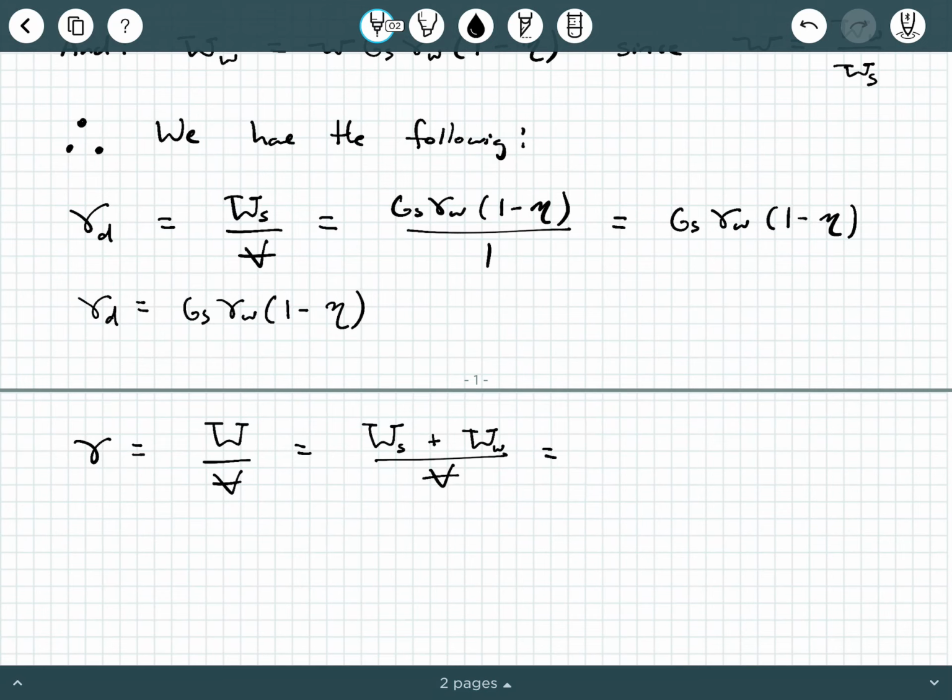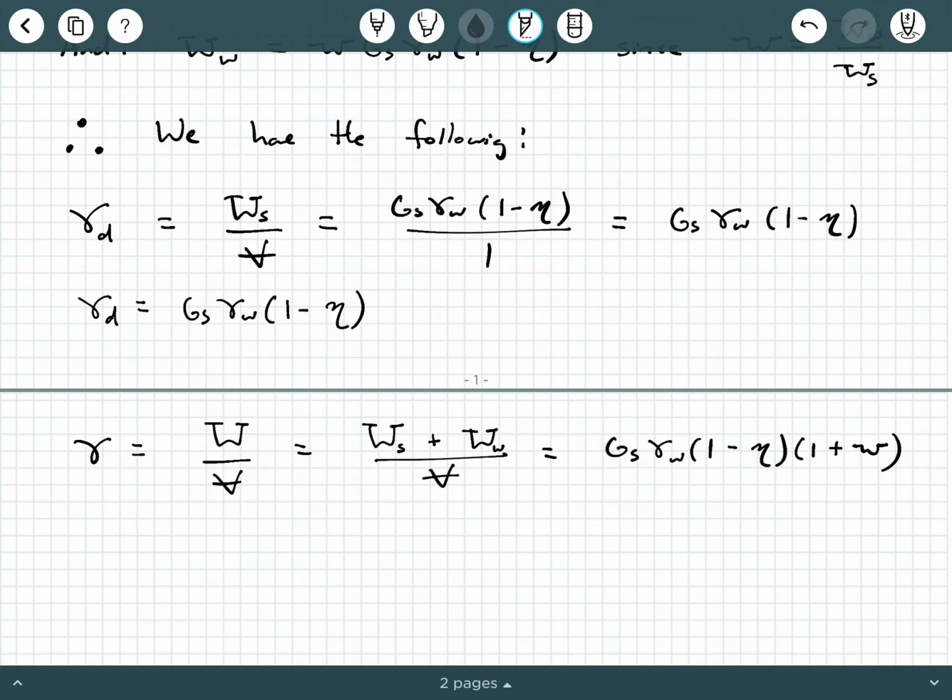And then likewise, I can substitute my two expressions from earlier for weight of solids and weight of water, and do a little bit of algebraic manipulation. And again, I can end up with this handy little formula, G sub S gamma water times 1 minus porosity times 1 plus moisture content.